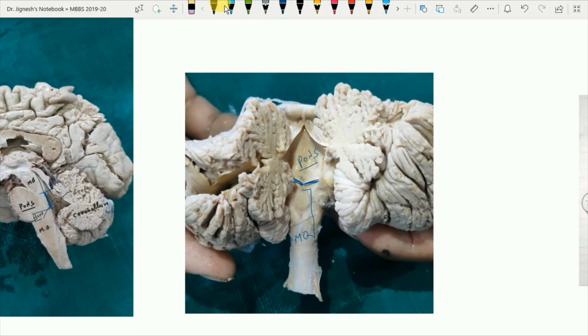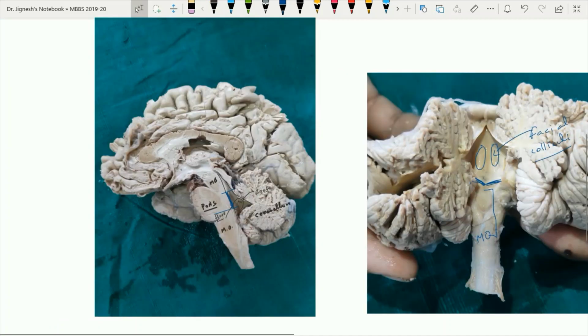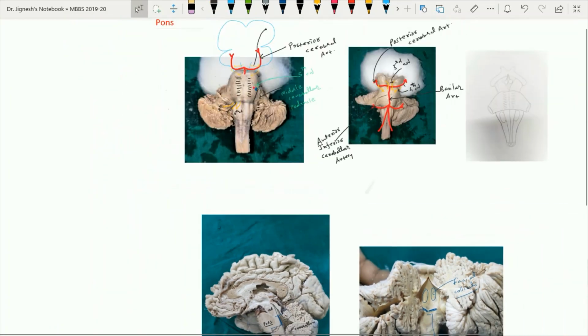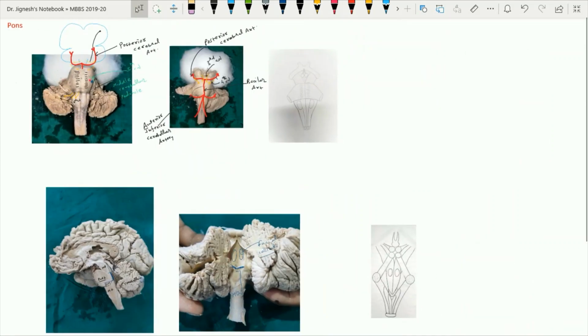Within the back of the pons, we can see there is one enlargement, one on each side, and this enlargement is called the facial colliculus, which we are going to learn in detail in the internal structure of the pons. The other structures of the upper part of the floor of the fourth ventricle, we are going to learn separately in the fourth ventricle. So all these are the external features of the pons.